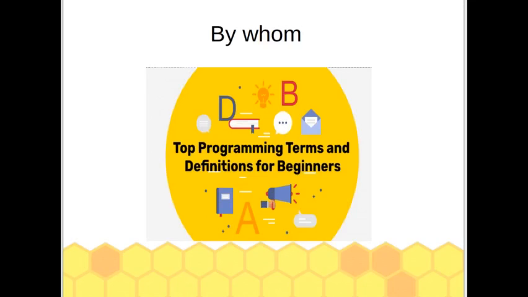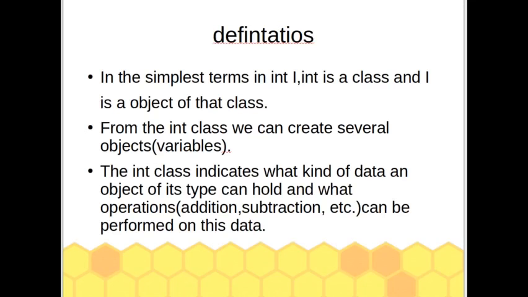But now the programmer's terms and definitions for beginners, what a class and what an object is, in the simplest terms. Now the technical terminologies are some unique things to be known. Even in a given declaration there exists the concept of object oriented programming.